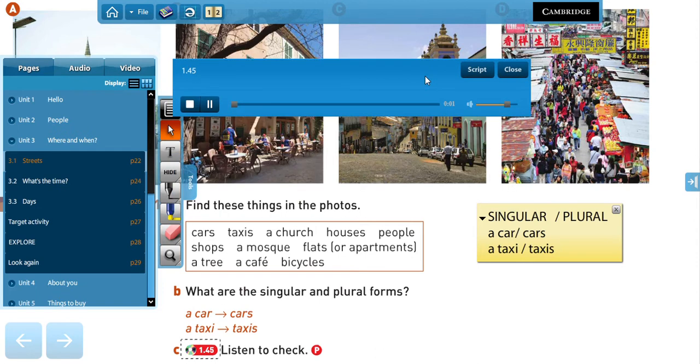Track 45. A car, cars. A taxi, taxis. A church, churches.